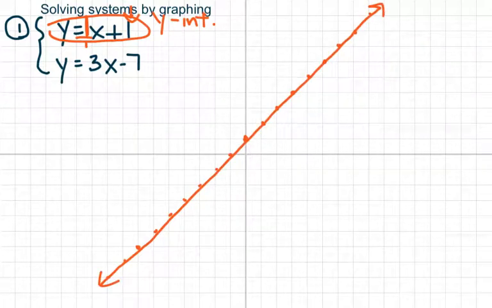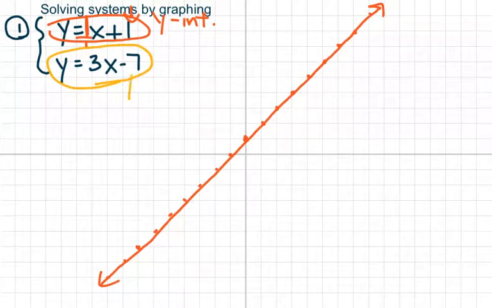Now I'm going to work on graphing my second line, and hopefully I will see where they intersect, and that is the solution. So my second line, my y-intercept is -7. So I start at -7 on the y-axis. My slope is the coefficient in front of the x, which is 3.